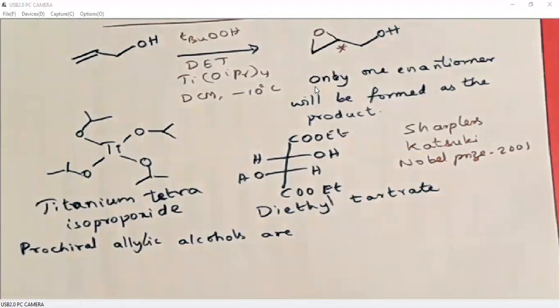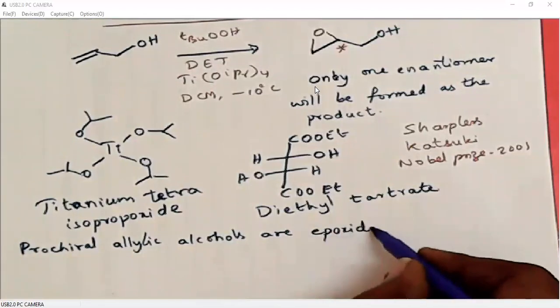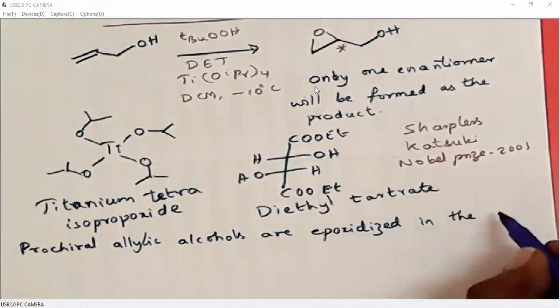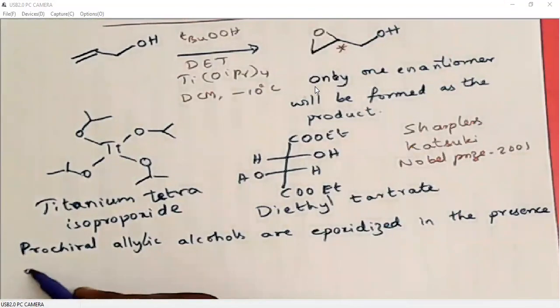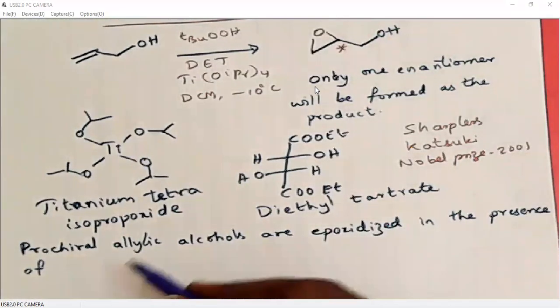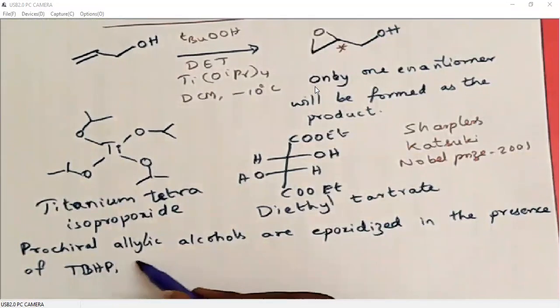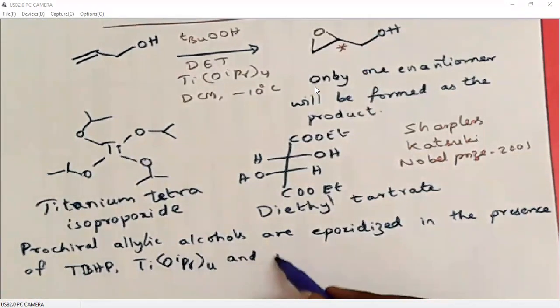Prochiral allylic alcohols are epoxidized in the presence of tertiary butyl hydroperoxide, titanium tetraisopropoxide, and DET.